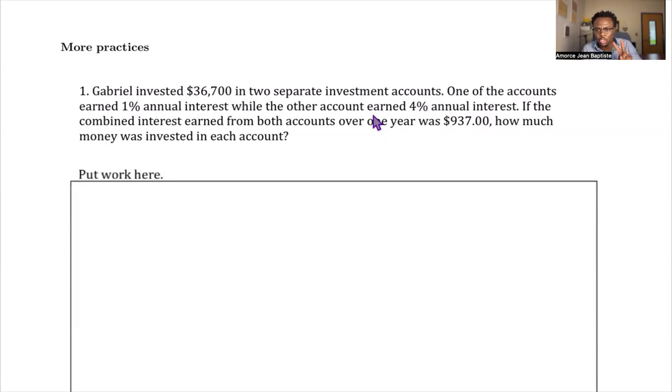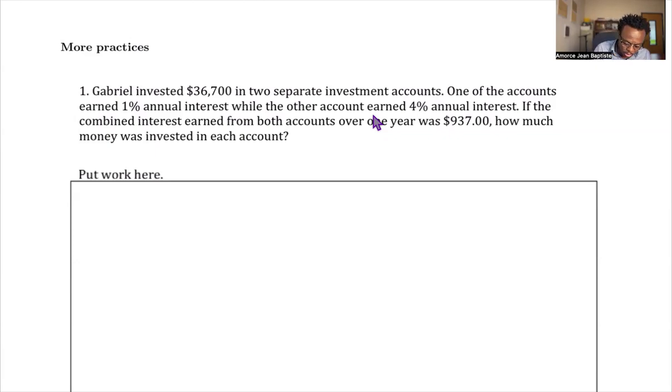Since we had 2 accounts and they asked how much was invested in each account, it indicates that we have two different unknown variables to solve for.